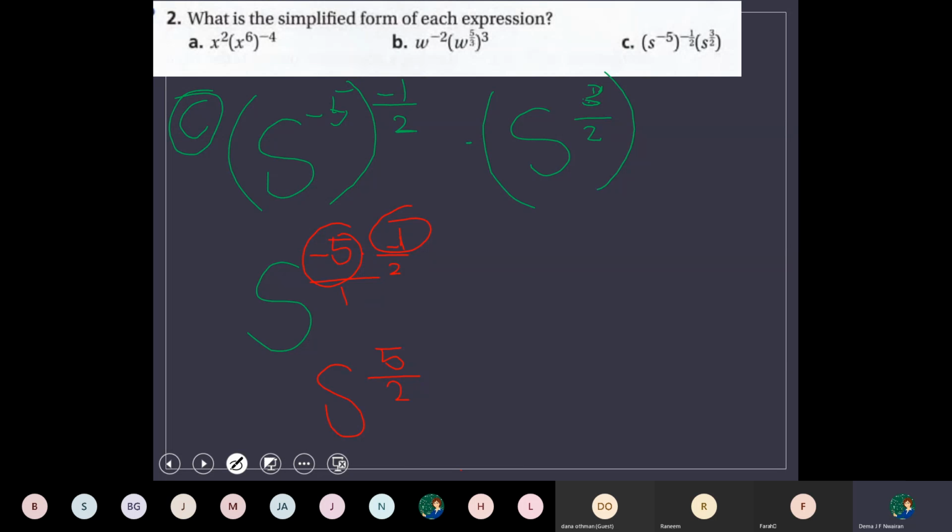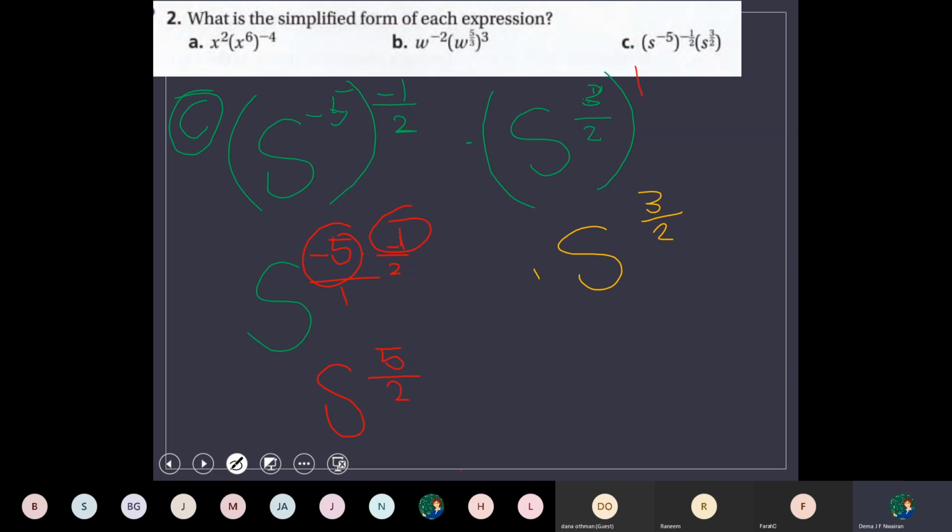A second step here: s raised to the power 3 over 2 raised to the power 1 will be the same, s to the power 3 over 2, because 1 times any number is that number.